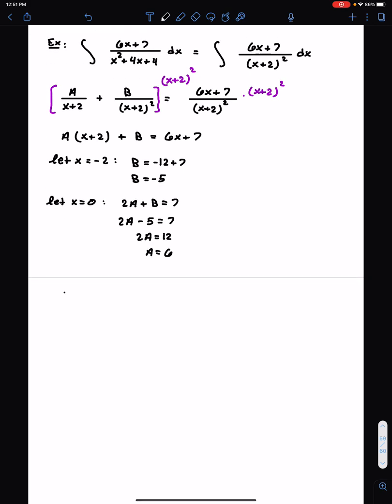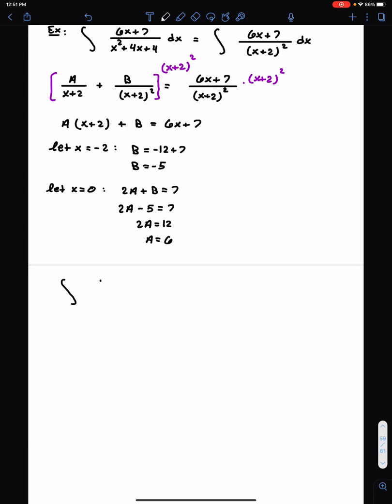So the integral will turn into a over x plus 2, so 6 over x plus 2, plus b over x plus 2 squared, so plus negative 5 divided by x plus 2 squared dx.